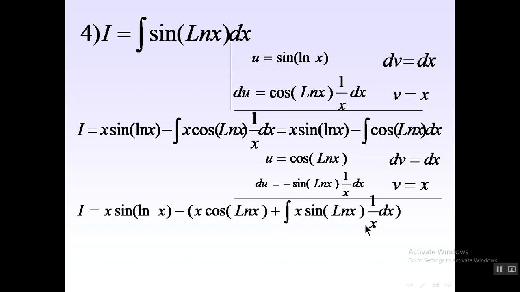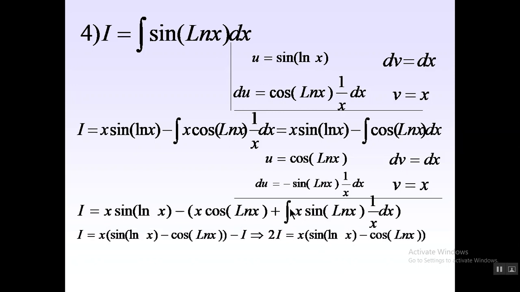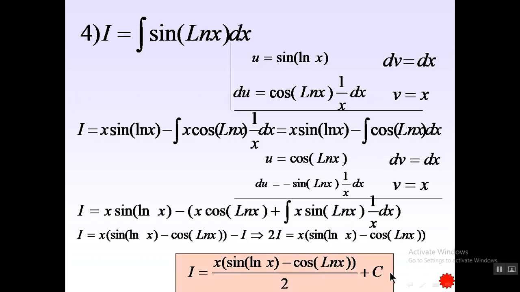Now if you simplify this, you get just sine of ln x, which is exactly the original question we had, so it's then I. Therefore, we have I equals x sine ln x minus x cosine ln x and minus I. So 2I equals x sine ln x minus x cosine ln x. Therefore, I equals this divided by 2 plus c.